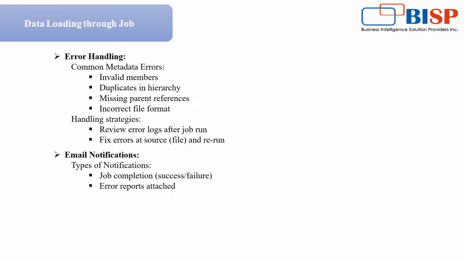Then we come to our point, error handling. The common metadata errors are invalid member, duplicates in hierarchy, missing parent reference, and incorrect file format. There are different errors apart from these, but these are the four common ones.